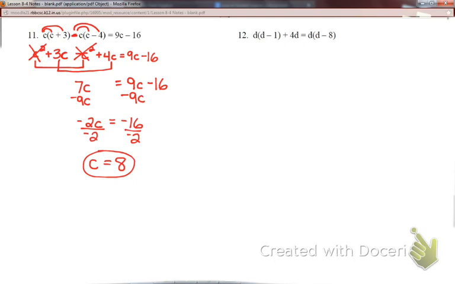Distribute. D times d is d squared. D times a minus 1 is a minus 1d, negative 1d. Parentheses are done, so I'm done distributing, so just copy down the plus 4d. Equals, have some more distributing here, that's d squared again, and a minus 8d.